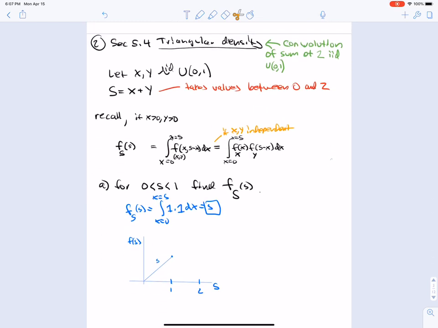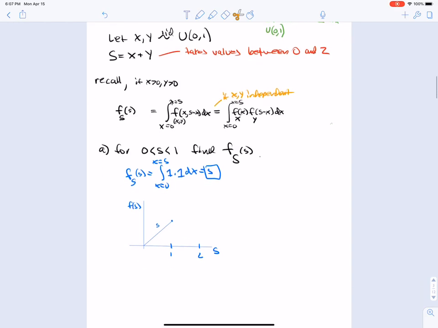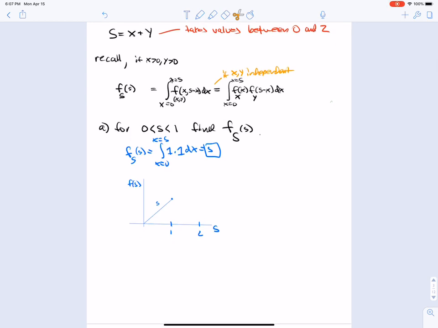The triangular density is the convolution of the sum of two IID uniforms. And so I asked you guys to find the density when S is between 0 and 1. And this is the easy case, because here we can just use the convolution formula and we get that the density is s.